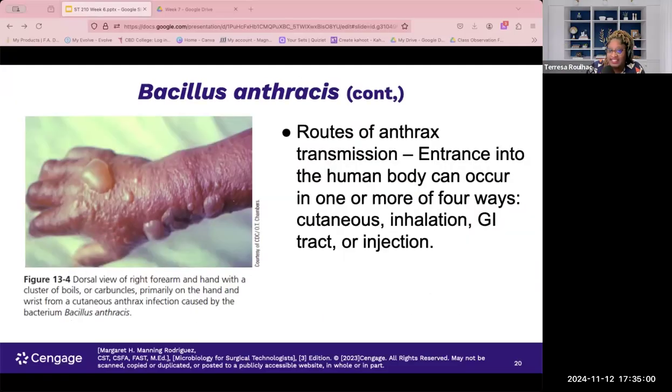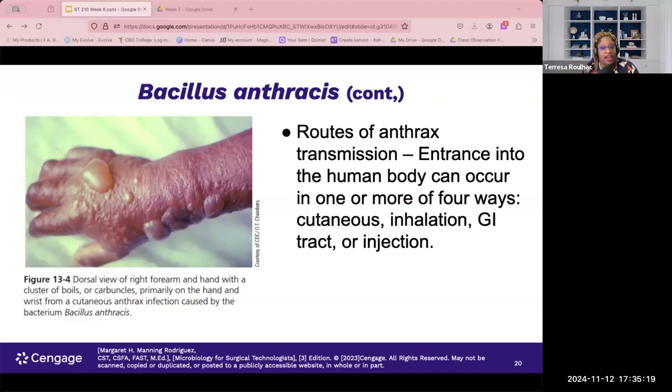Getting into anthrax. Cutaneous anthrax is the most common form of the disease. What happens is spores enter the body through breaks in the skin, often during handling infected animals or their products. It could be their hide, their wool, or even their hair.